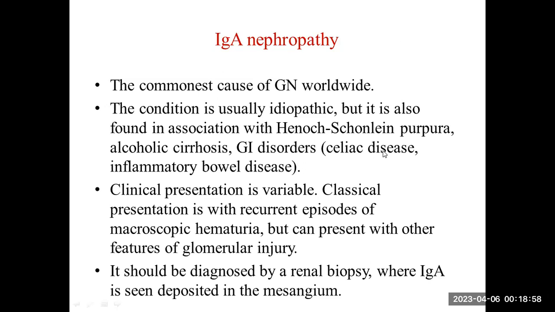It can give you proteinuria, but usually tends to be mild, but sometimes in rare cases, it can be heavy proteinuria up to the extent of nephrotic syndrome. So since IgA nephropathy can cause nephritic syndrome and sometimes nephrotic syndrome, that means this disease can give you acute kidney injury or it can give you chronic kidney disease. And even IgA nephropathy can sometimes present as rapidly progressive glomerulonephritis.